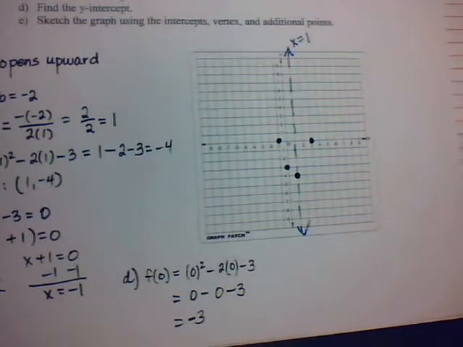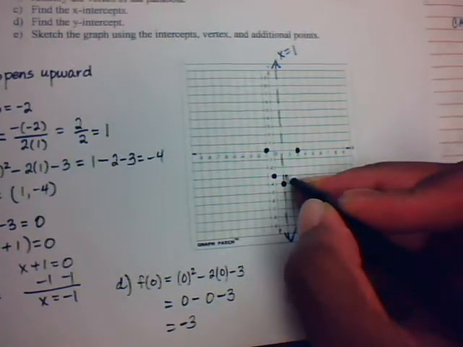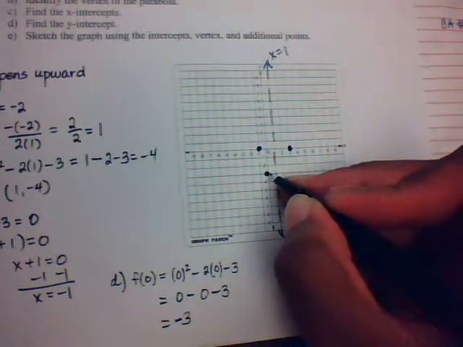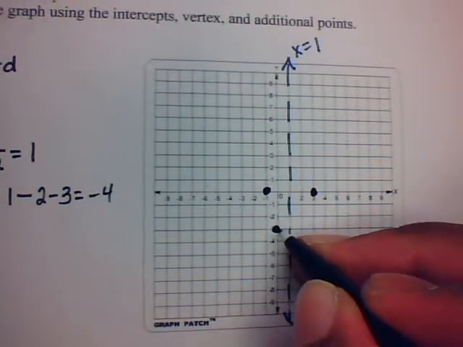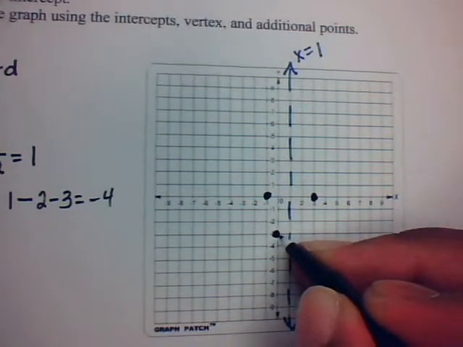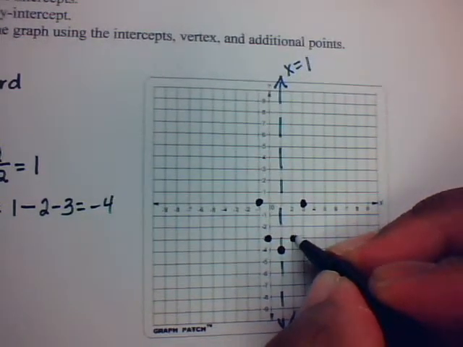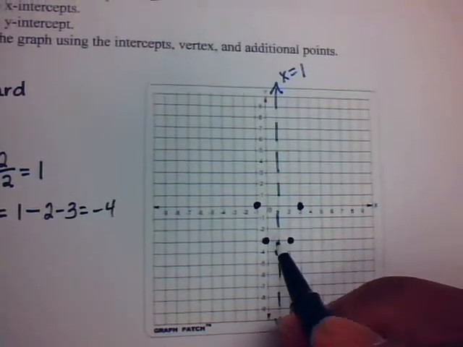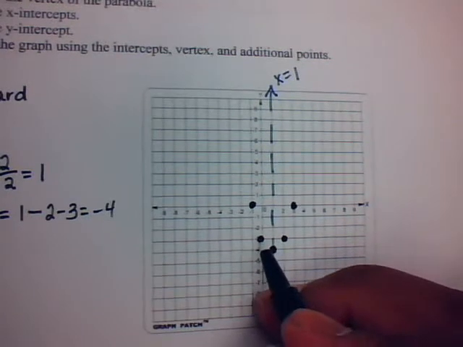Now, if we need an additional point, we can compare the distance from the axis of symmetry to that y-intercept. That y-intercept is one place to the left of the axis of symmetry. So that means that the other point has to be one place to the right of the axis of symmetry. Okay? Here that y-intercept is one unit to the left of the axis of symmetry.